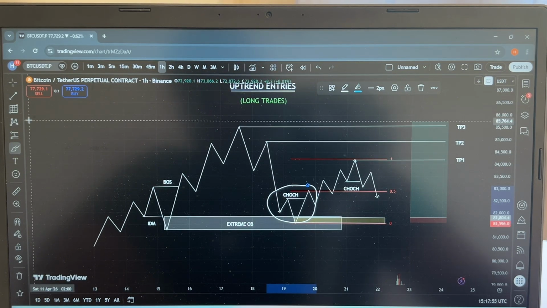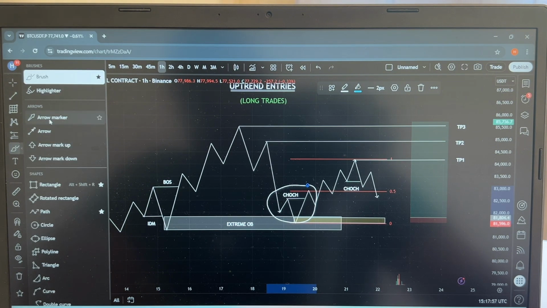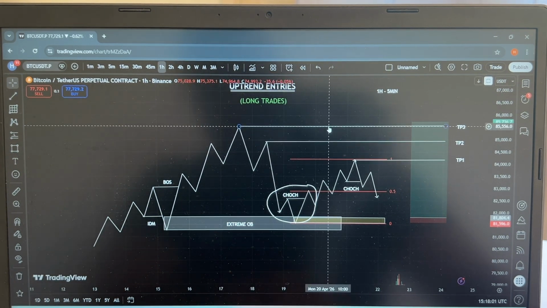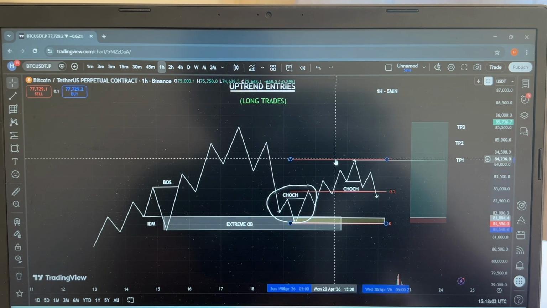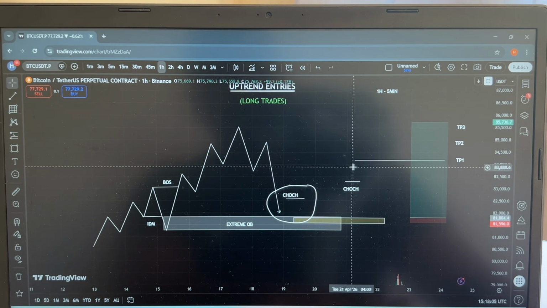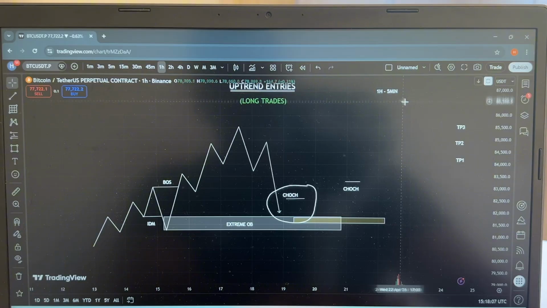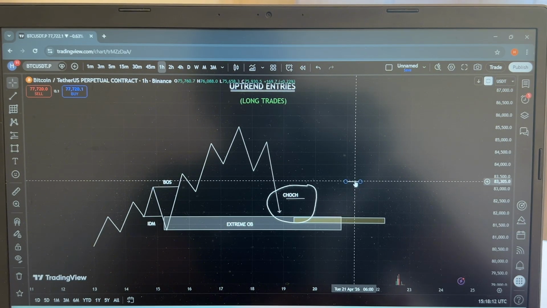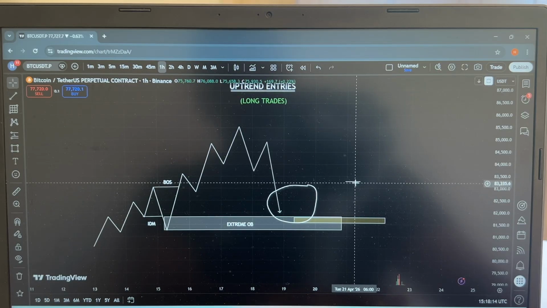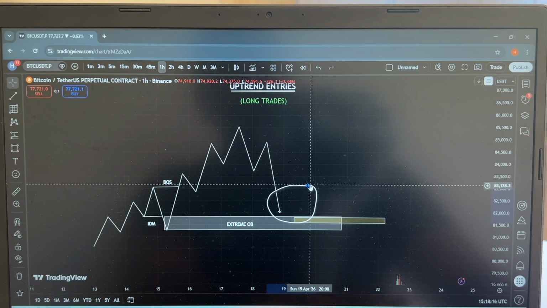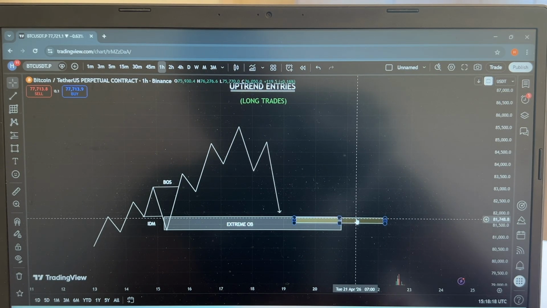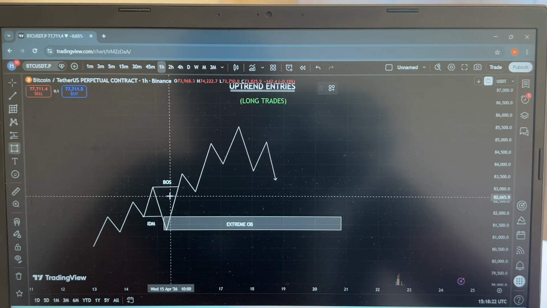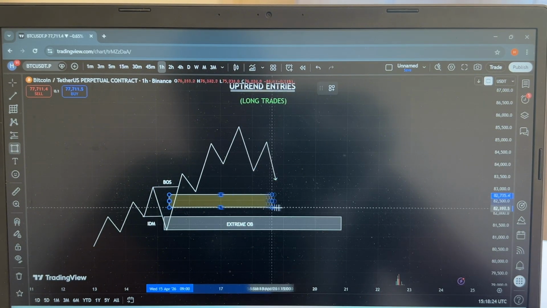Let's say there are multiple levels. Let's get rid of these for now. Let's say there's another order block.